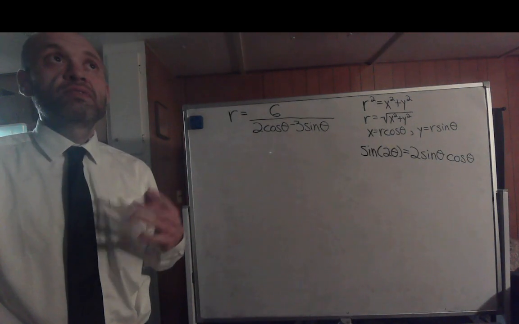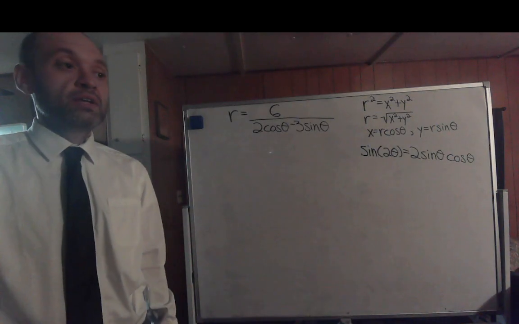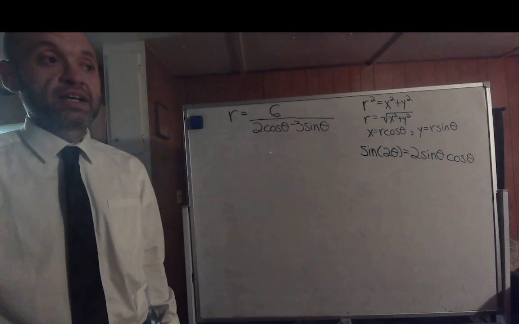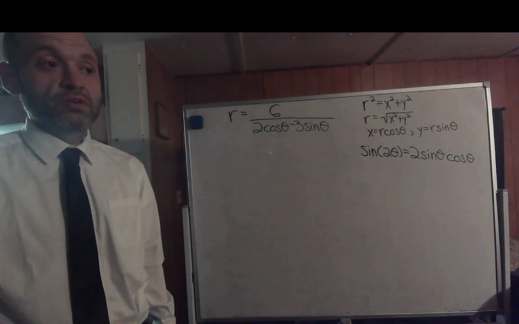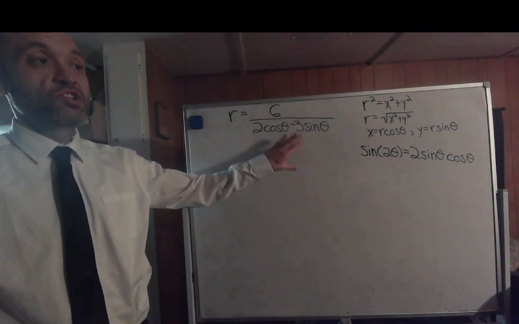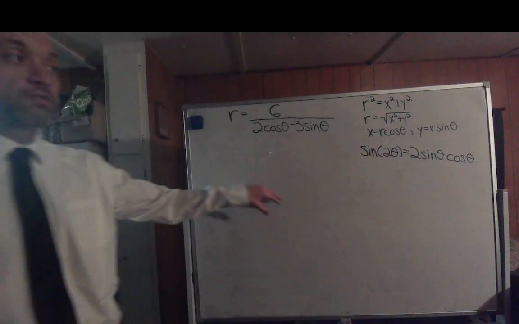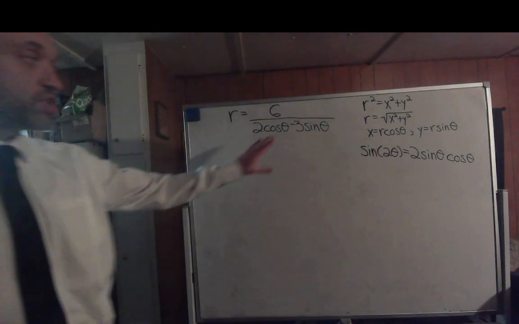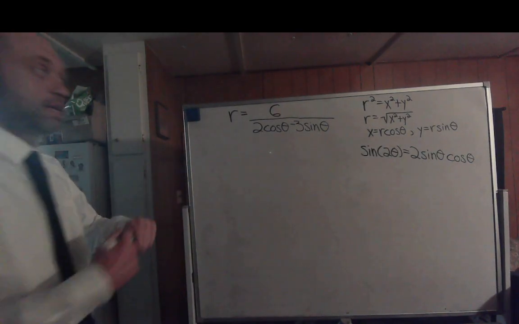Then you have theta equal to some angle. Those are going to be your classic slanted lines with no constant added to them. Now these, as it turns out, will turn into the general standard form of the equation of a line in rectangular form. So the approach here is the same as what we did with the other ones, and believe it or not, this is actually going to be easier.